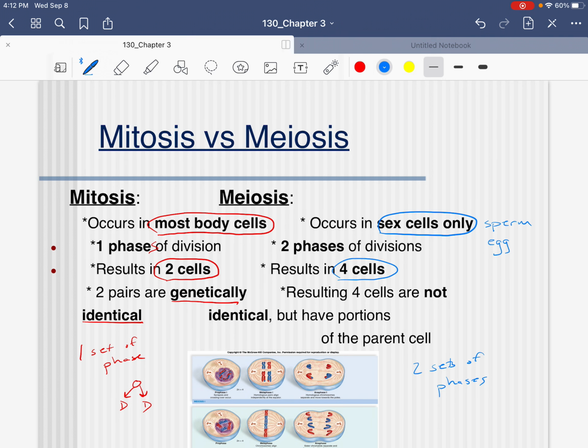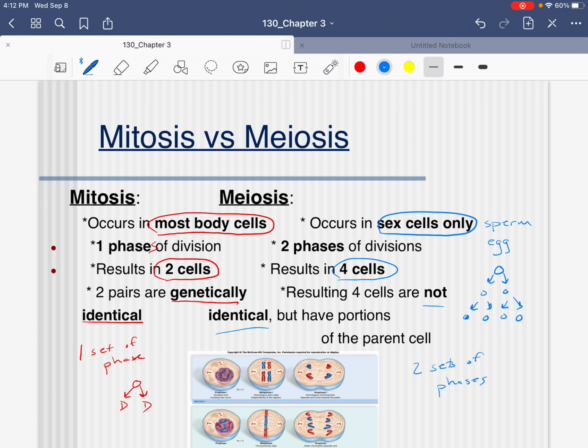Whereas in meiosis, you have 4 cell yield. So we have one parent cell. We go through 2 sets of divisions. I'm messing this up. Hold on. Here we go. 1, 2, 3, 4.